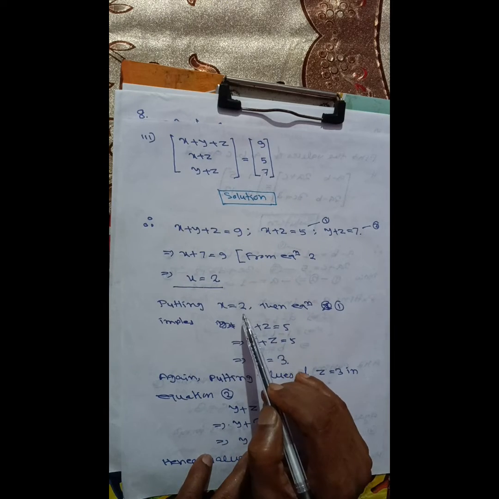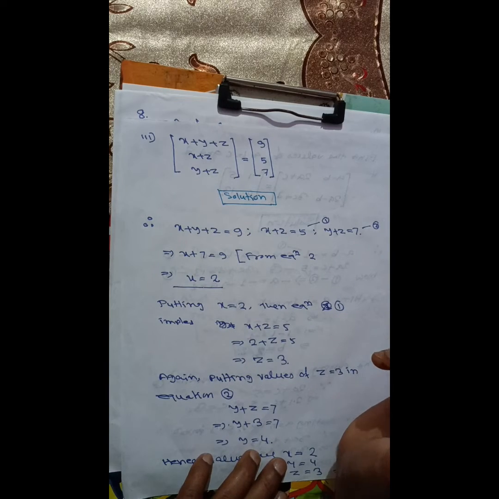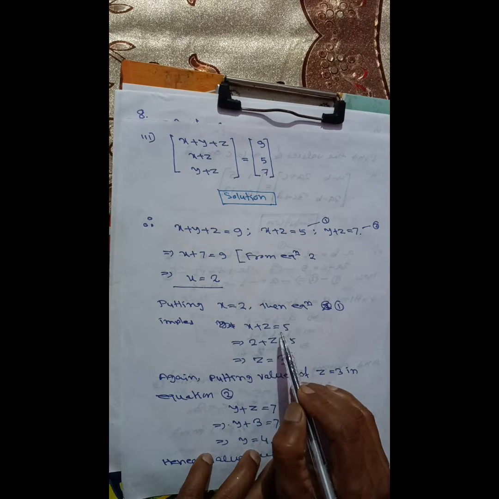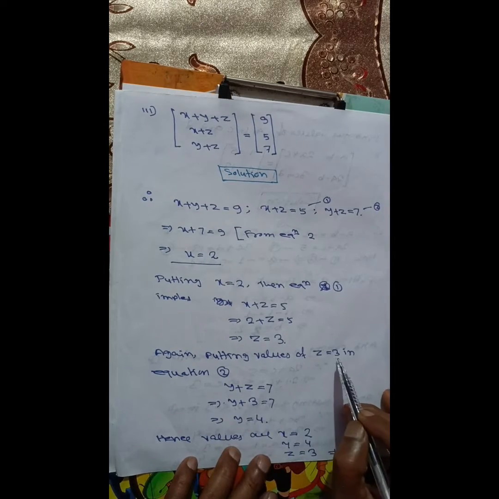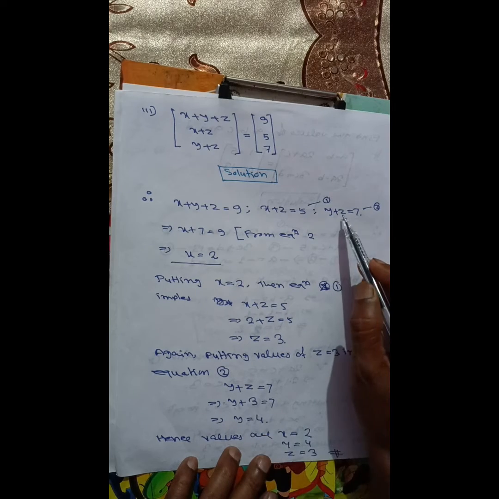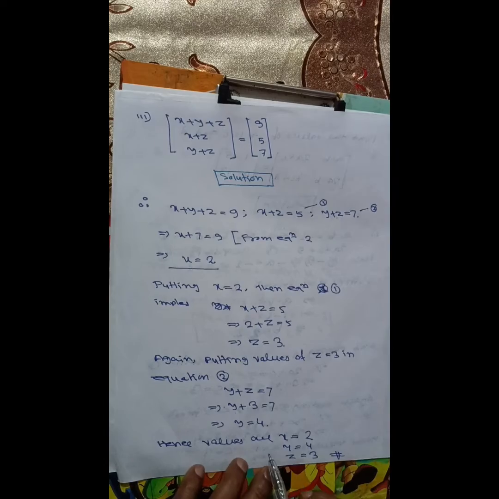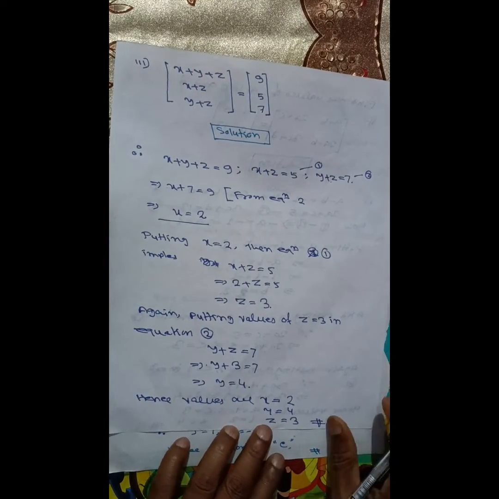Putting x is equal to 2 in x plus z is equal to 5, we get z is equal to 3. Again, putting z is equal to 3 in equation 2, we get y is equal to 4. Hence, the values are x is equal to 2, y is equal to 4, z is equal to 3.